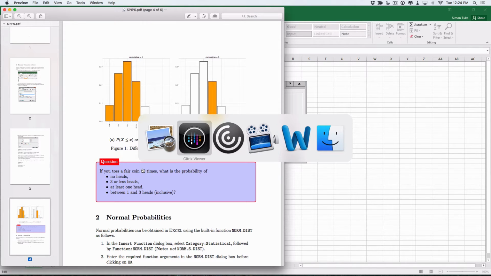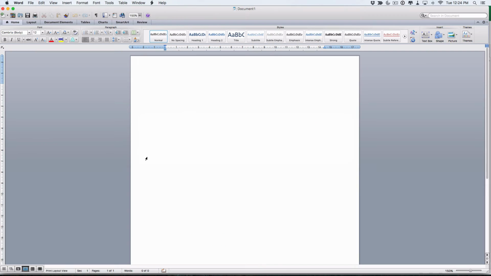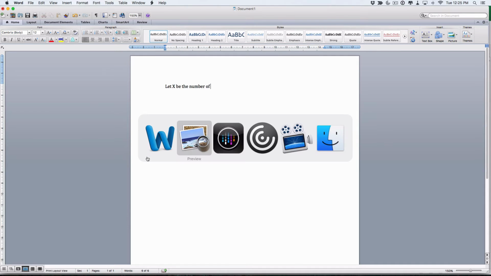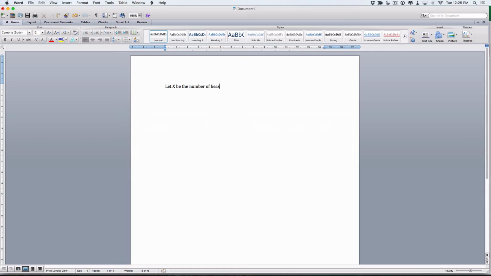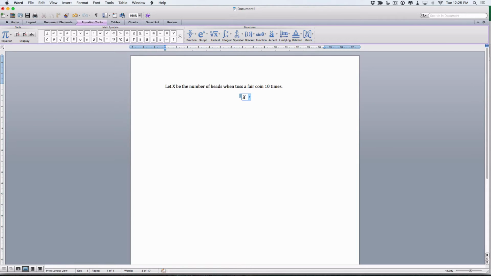Okay, so we've got a fair coin tossed 10 times. Let X be the number of heads when we toss a fair coin 10 times. What does this mean? It means that X has a distribution. Remember, the tilde means has a distribution.